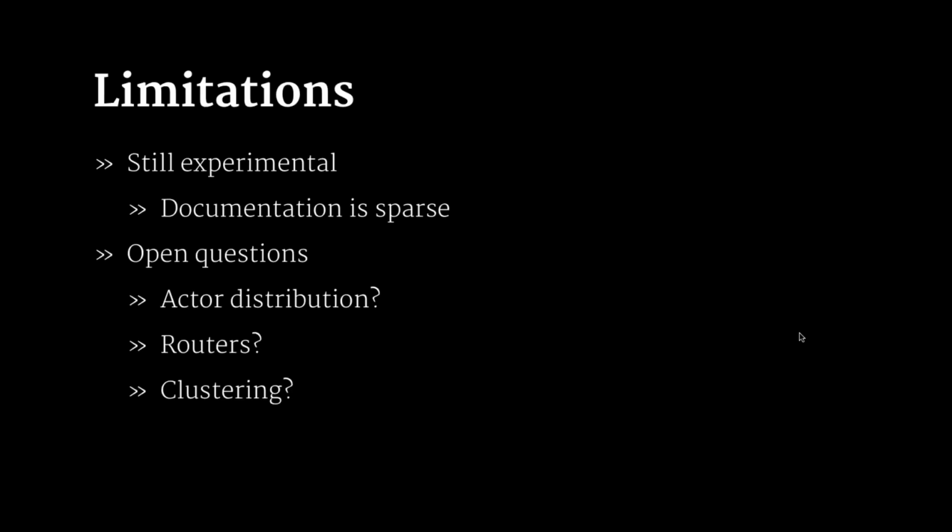There are still open questions that are not documented, not yet publicized, which are what will happen with actor distribution, so working across several actor systems, and what will happen with routers and clustering in combination with this.